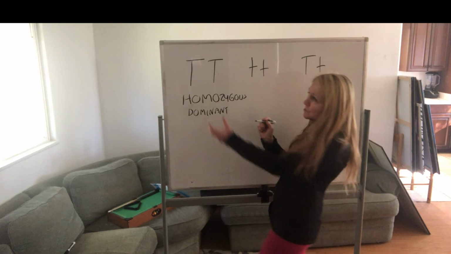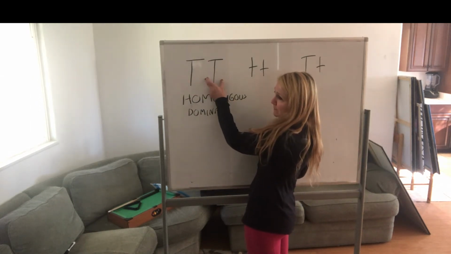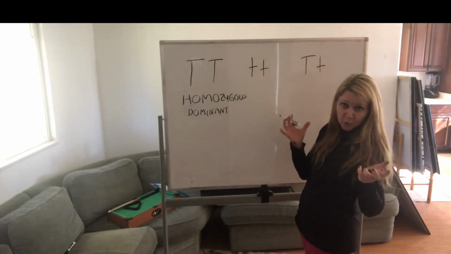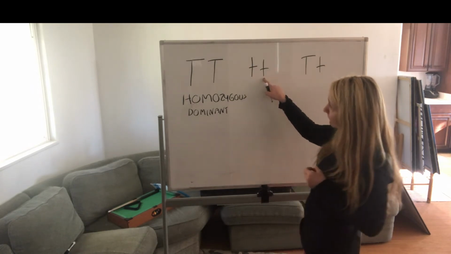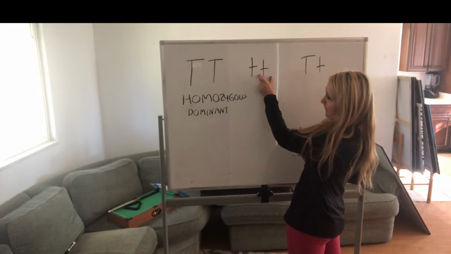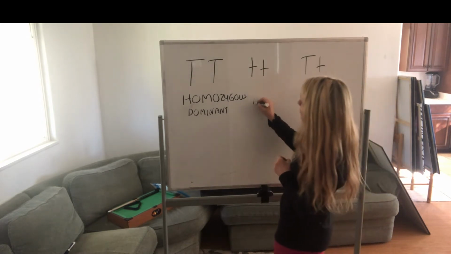So this gene came from the mother, this gene came from the father. If you got 2 big ones like this, that's the individual's homozygous dominant. This one came from the mother, this one came from the father. It's homozygous because they're the same. Remember, homo means same.